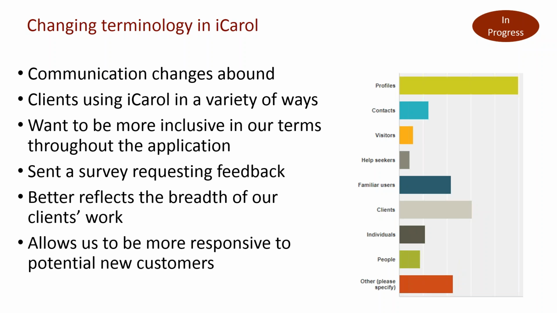And we also want to make sure that as new potential customers are looking at iCarol, when we are showing iCarol to new organizations and centers out there, that they can see very clearly that this isn't just a specific software for one type of work, that they can imagine themselves more easily using it for all kinds of different sorts of interactions. And so we think really renaming some of those areas and making those cosmetic changes could be really important to do that as well.